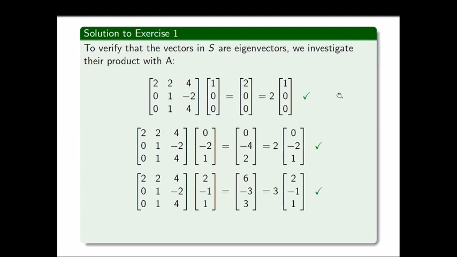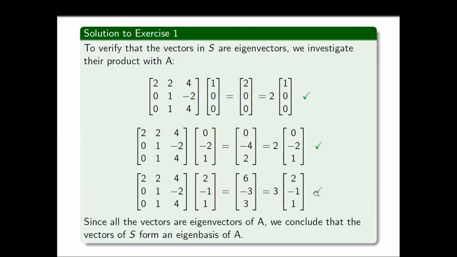So we see that it happens for all three of them. Therefore, all three of them are indeed eigenvectors of A, and because they form a basis, the three vectors actually form an eigenbasis of A.